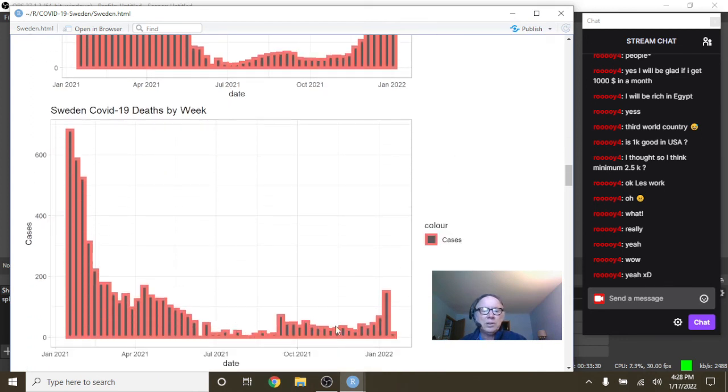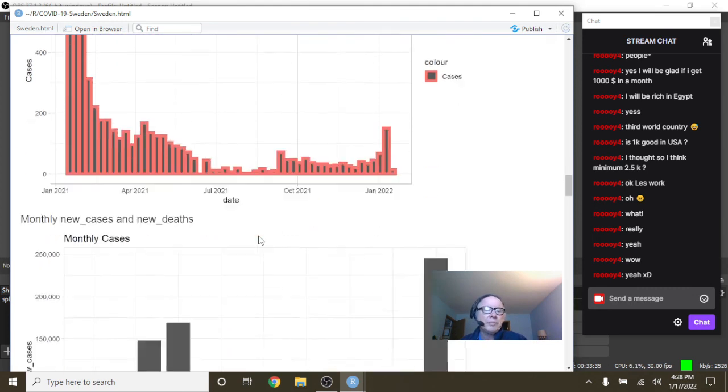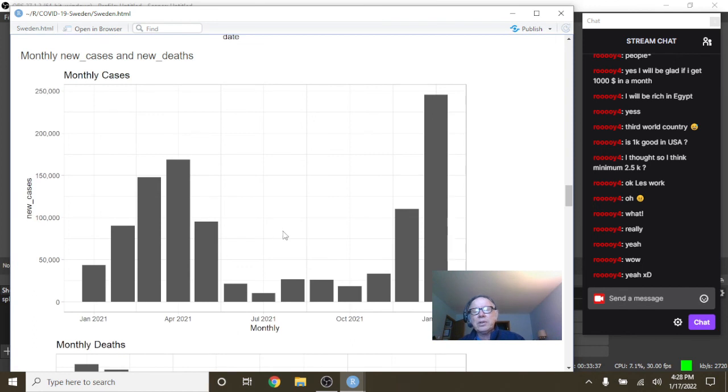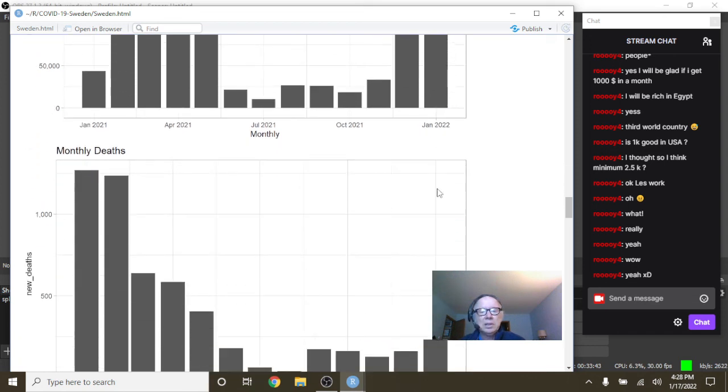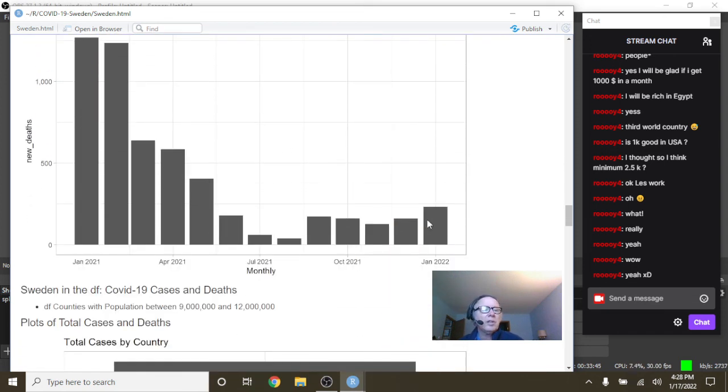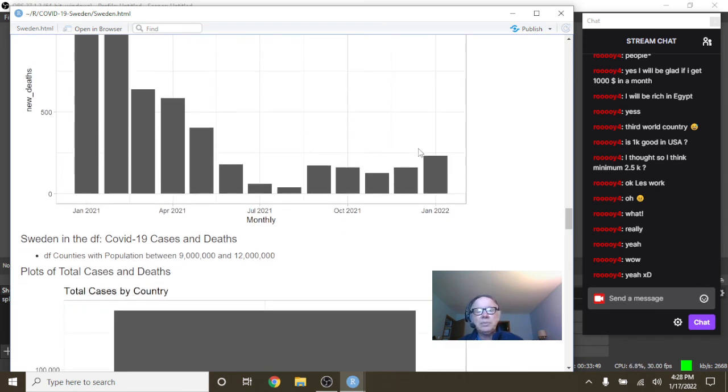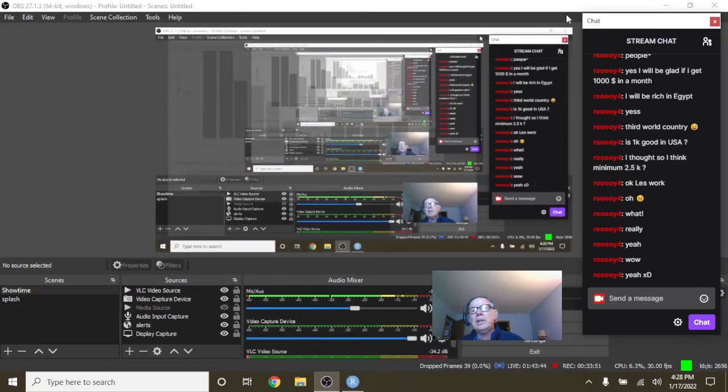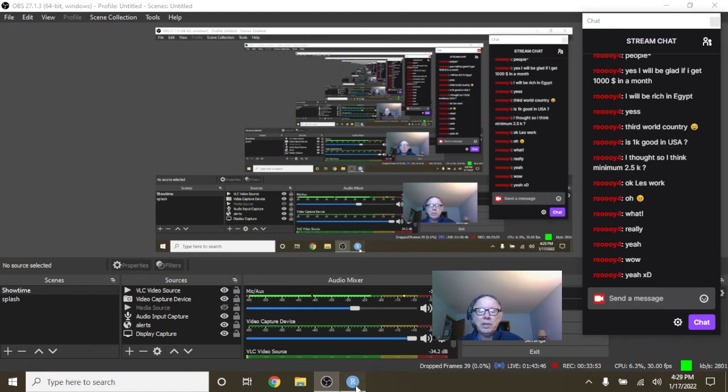You can see here, which is good news, below 100 deaths per week for Sweden. Monthly cases, unfortunately, most of the countries I look at are having a big spike in cases in January. But the good news is the deaths are relatively low. This line here would be 250 deaths for the month. So anyway, that concludes the report for Sweden for today.